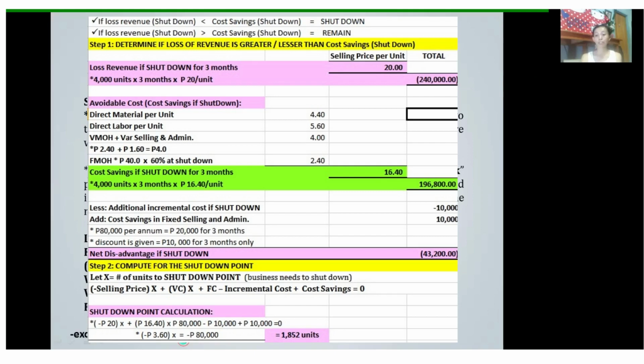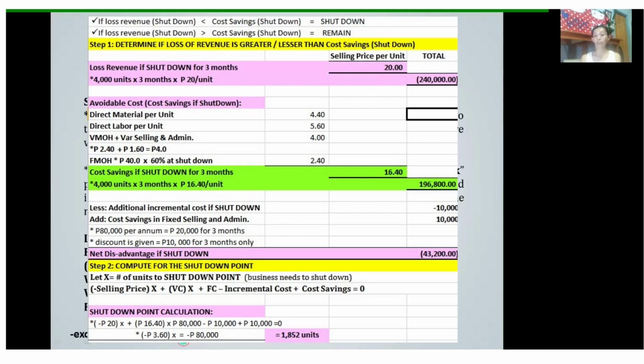Then it is negative, we add up the cost savings, 196,800. Then we add the incremental cost, less incremental cost of 10,000, and add the advantage or the discount, cost savings of 10,000.